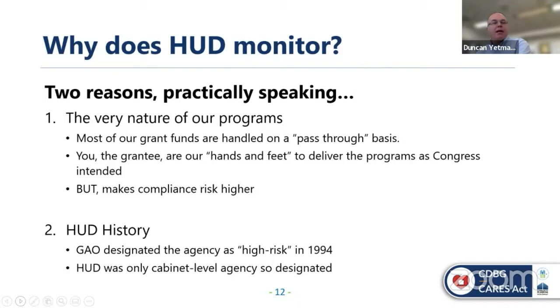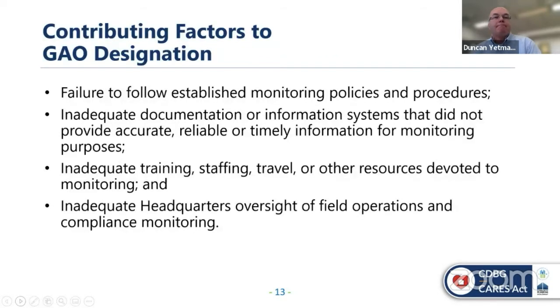The other reason listed here is HUD history. The GAO in 1994 designated HUD as a high-risk agency, and at that time, HUD was the only cabinet-level agency so designated. What were some of the things that the GAO found at that time?